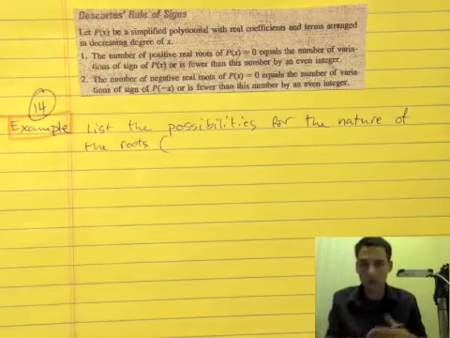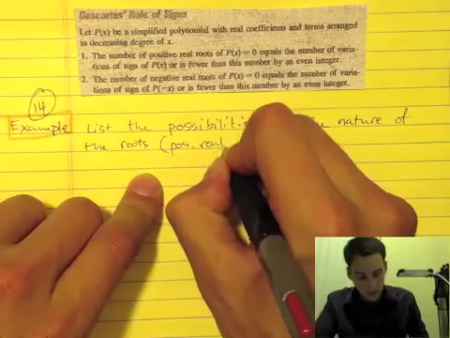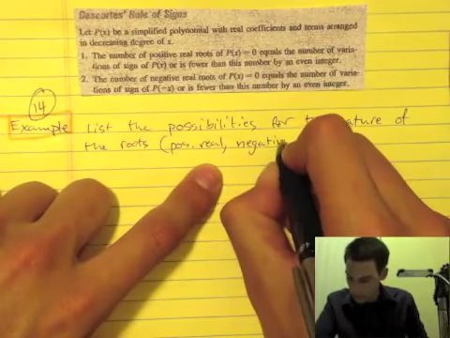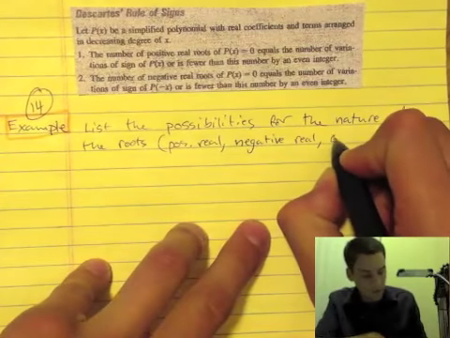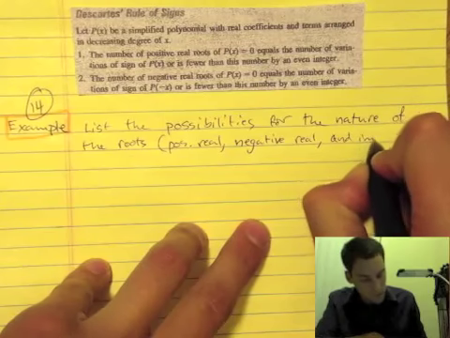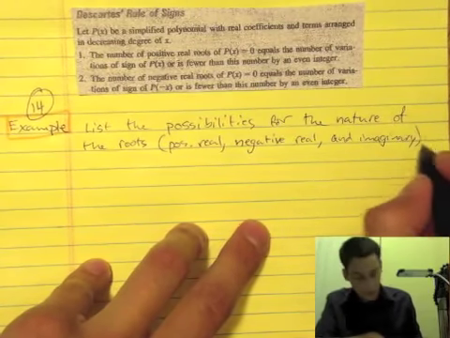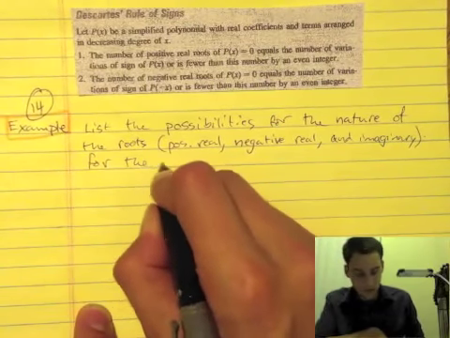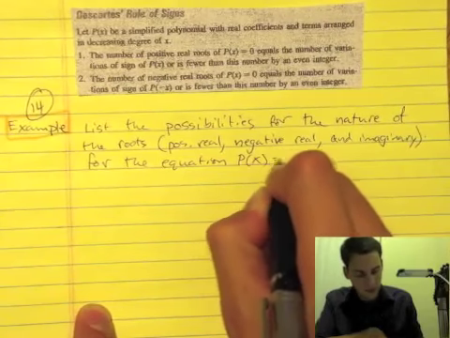So the nature of the roots, they mean, are they positive real? Are they negative real? Or are they imaginary? For the equation p of x equals 0.